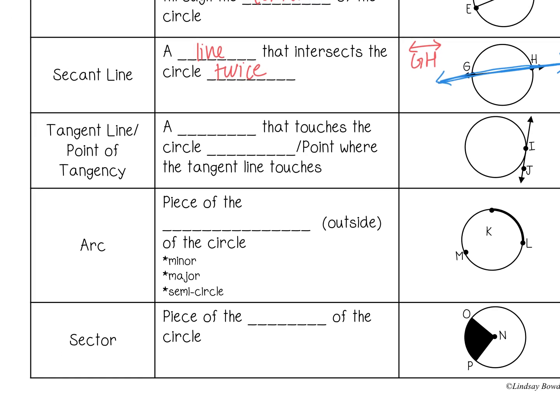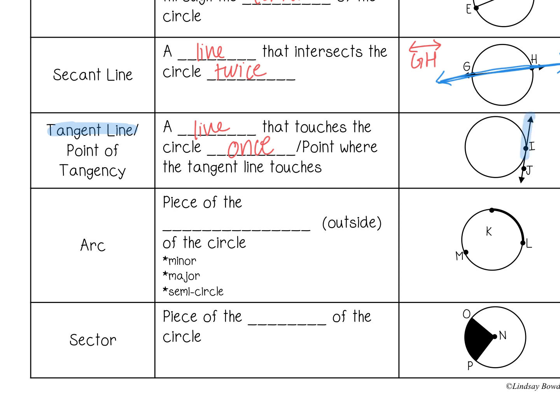All right, tangent line and point of tangency. Tangent line is a line that touches the circle once. So I'm going to highlight it just so you can see the difference.